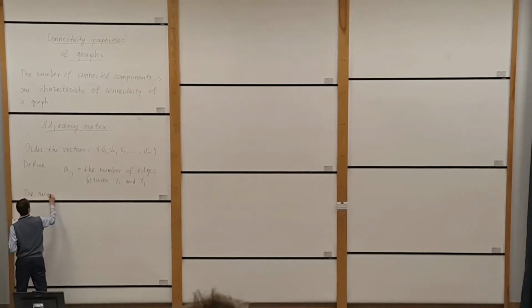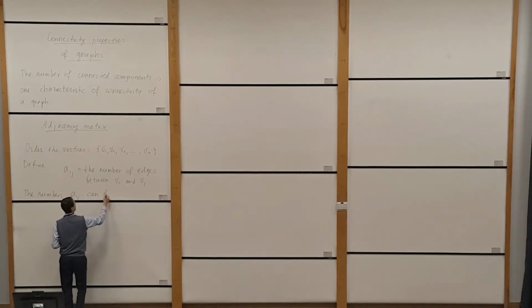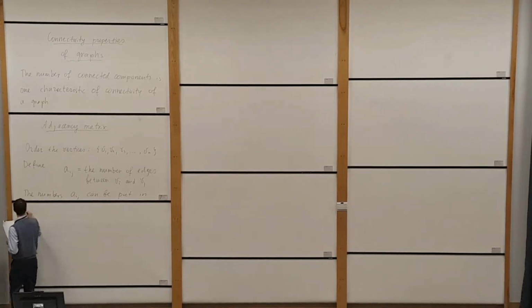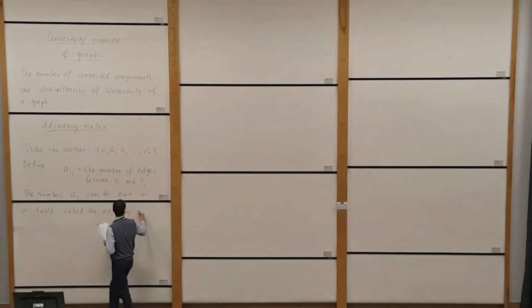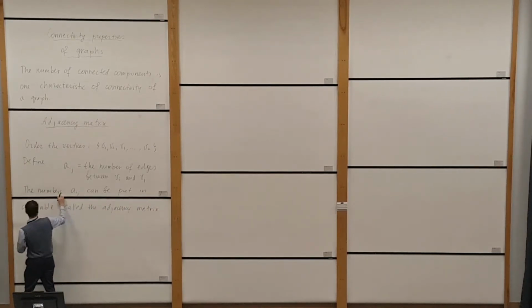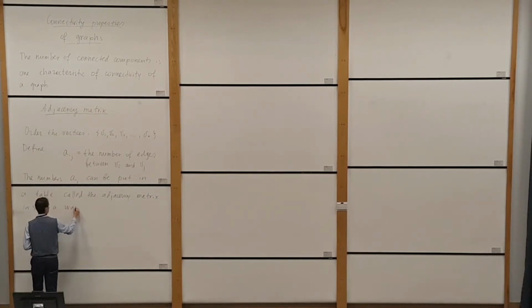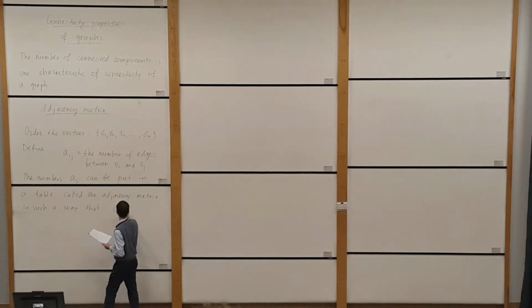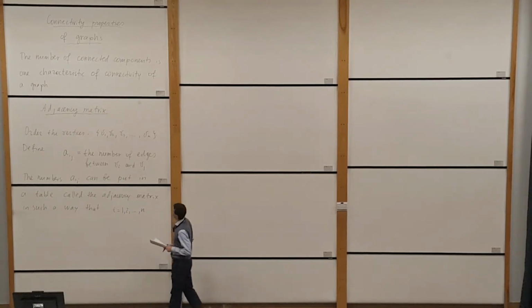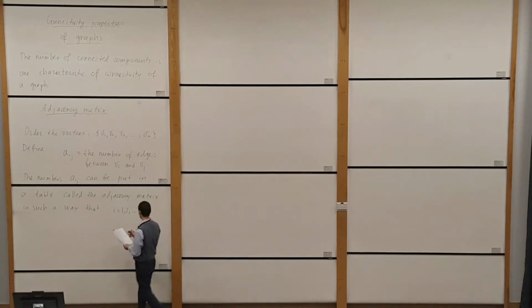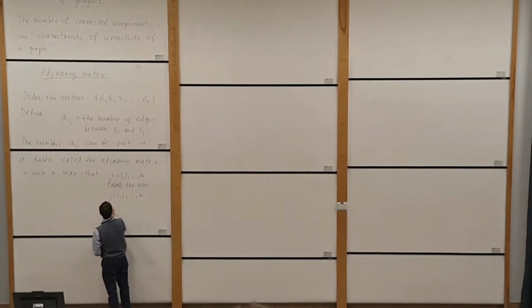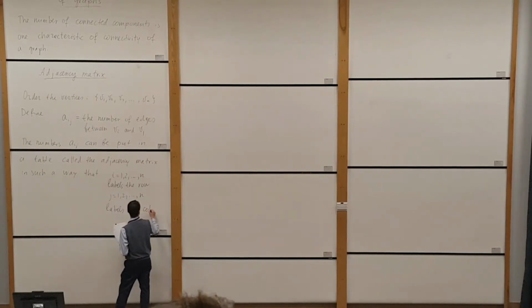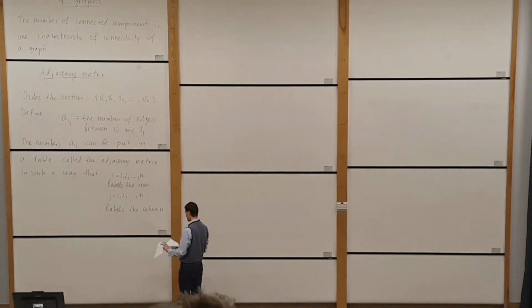So the numbers a_ij can be put in a table called the adjacency matrix in such a way that i, which equals 1, 2, up to n, the first index, labels the row in the table, and j, which runs over the same set of values, labels the column, so that it looks like this.